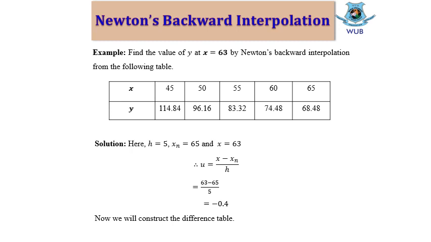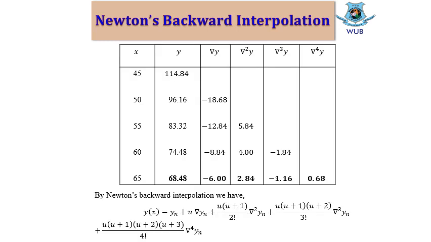And h you already know, so you can get the value of u. And when we get the value of u and h, we can easily find out the value for backward interpolation. Okay, and this is the table for backward interpolation.